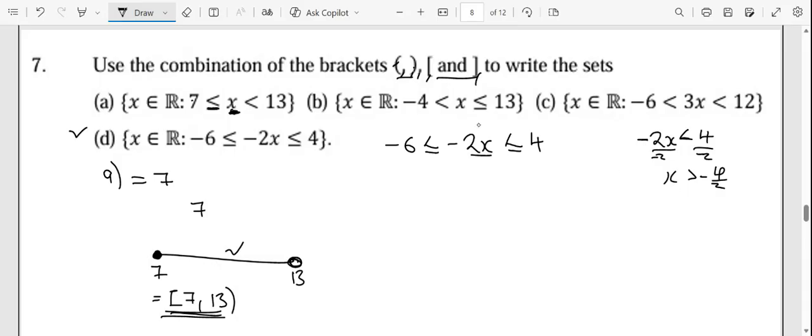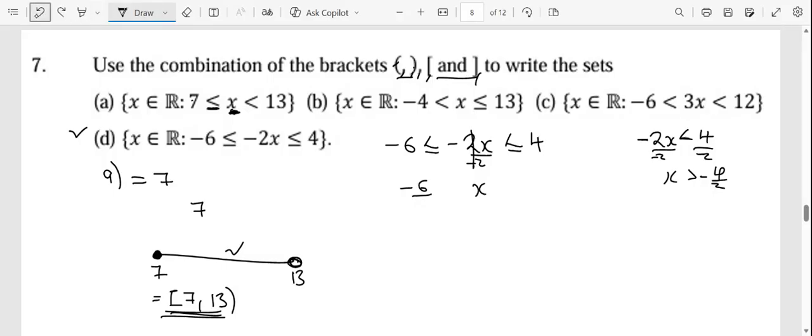Yes, because the condition was that x is greater than or equal to when x is negative. But now I want to make it positive, meaning that the sign will change to this side as well. So I'm dividing throughout by negative 2. This will give me x. Then here it will be divided by the negative, so negative 6 divided by negative 2.